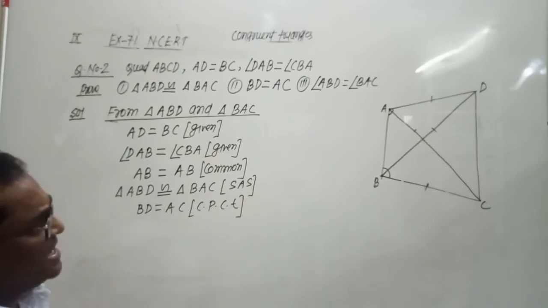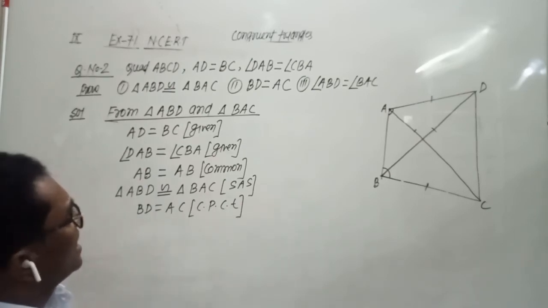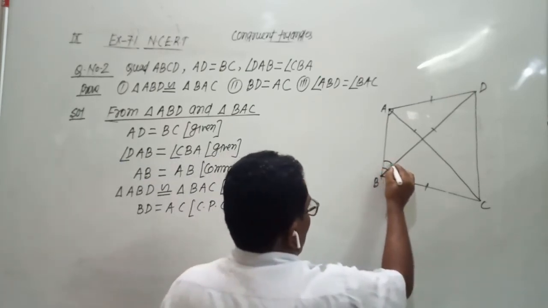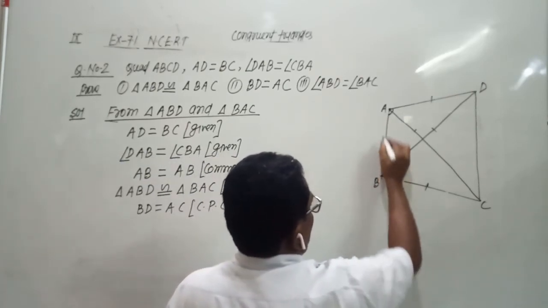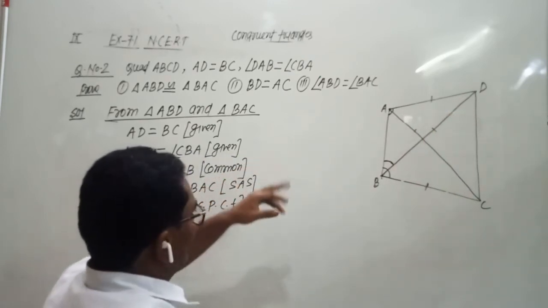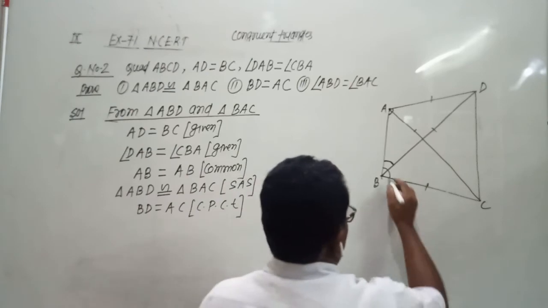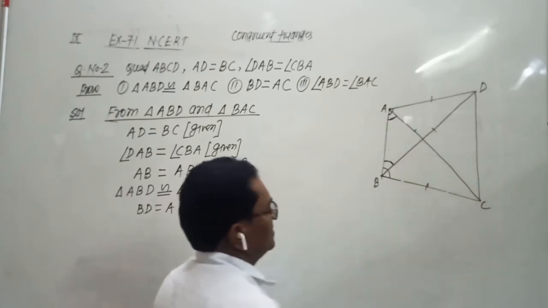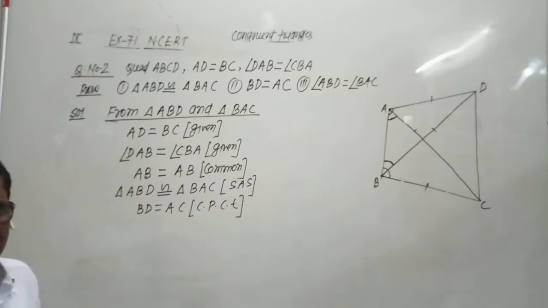And angle ABD, this angle, is of triangle BAD, and angle BAC is of triangle ABC. So these two angles are also corresponding angles. So by CPCT, these two angles are equal.